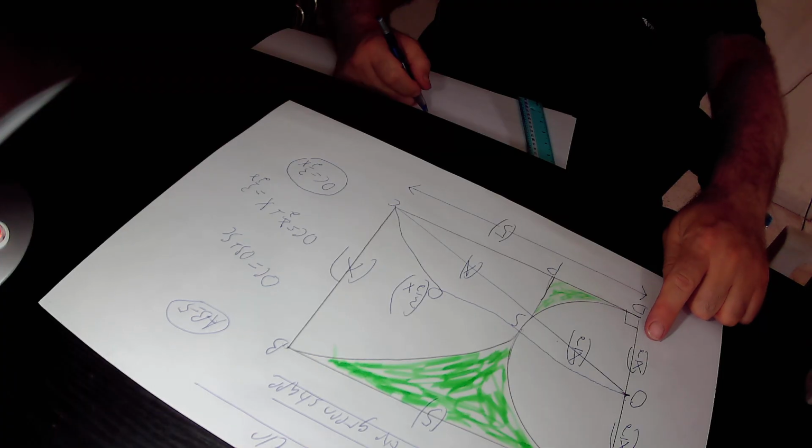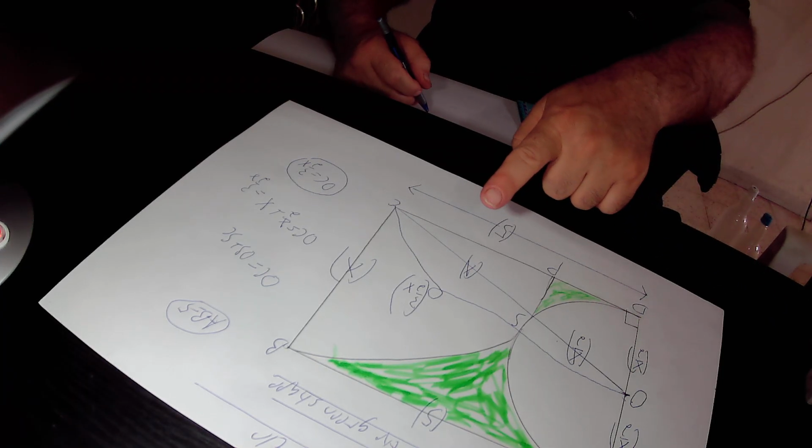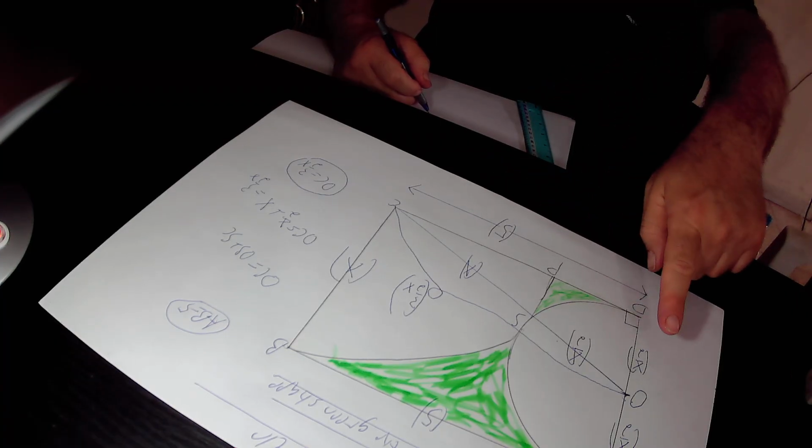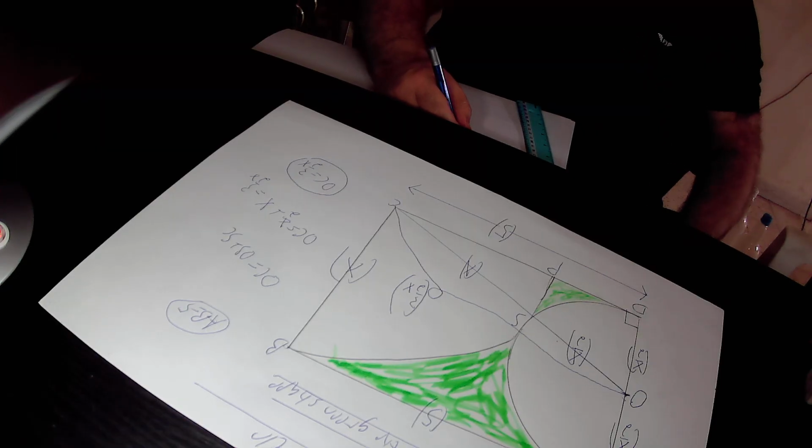Side OD equals x over 2 units in its length, side DC equals 5, and the hypotenuse OC, we just found out, is 3 over 2 times x units. Here, PT is the relation for the Pythagorean theorem.